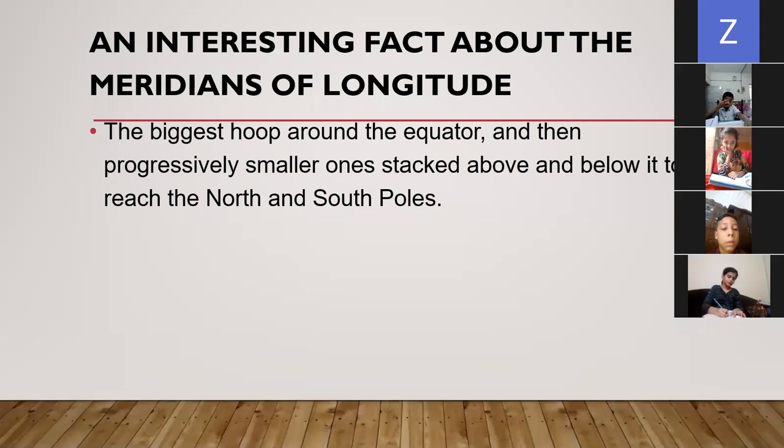It's a sphere, a round shape. When you draw something in the middle of that round shape, and then draw the other circles above and below that line, they will become smaller as you draw them, right? You can see it on your drawing also.